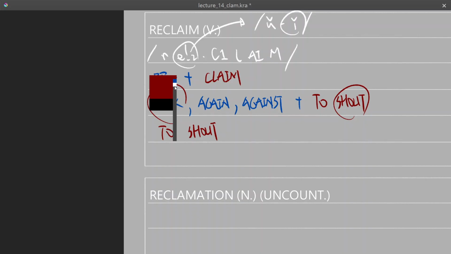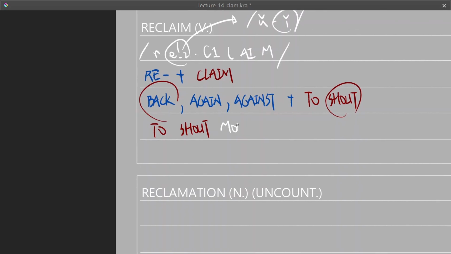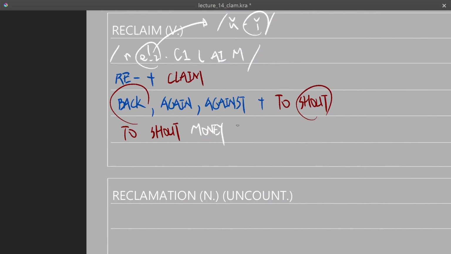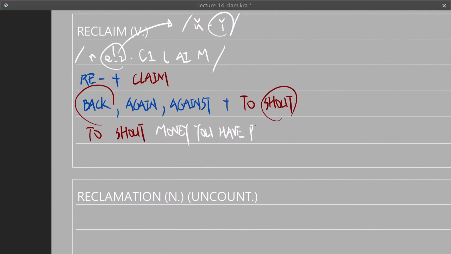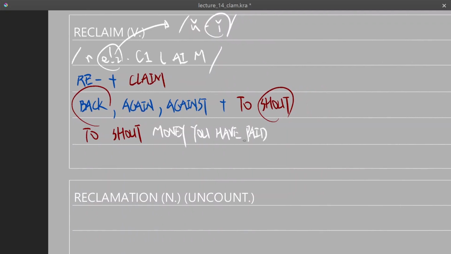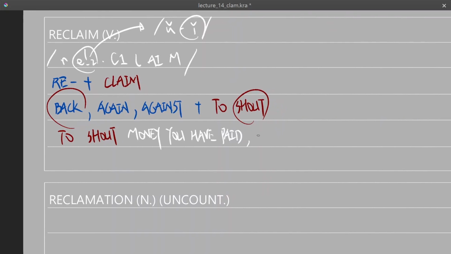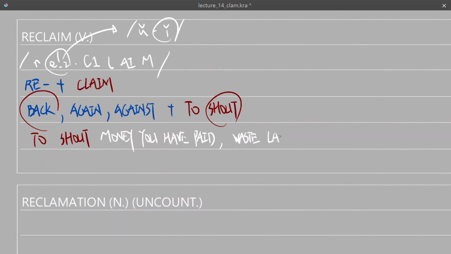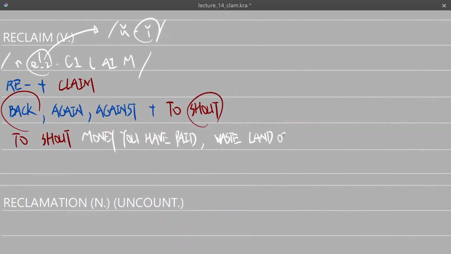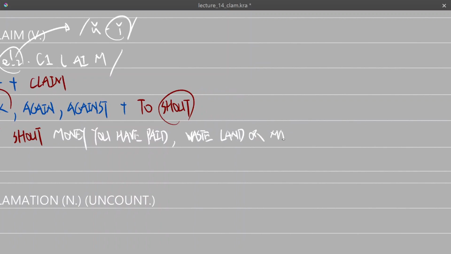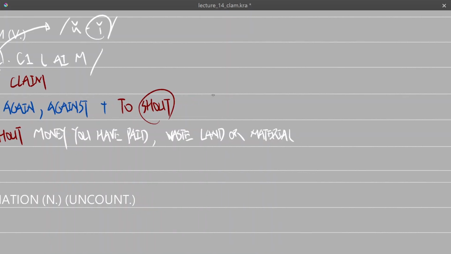To shout money you have paid back. This is one of the possibilities. Or wasteland, or material back.